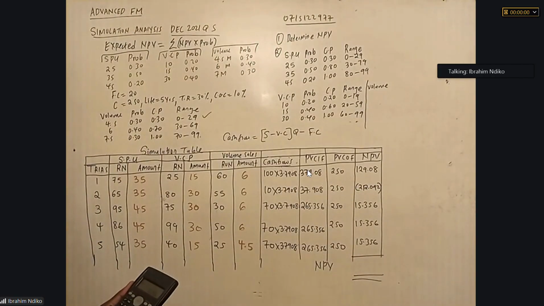Total: 129.08 minus 212.092 plus 15.356 plus 15.356, 15.356.